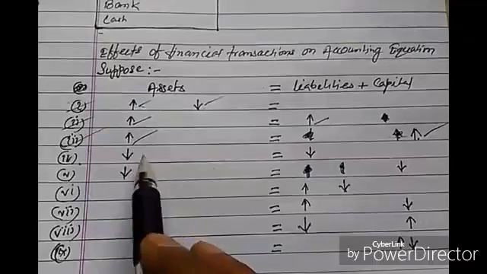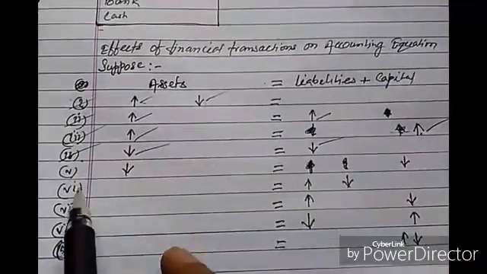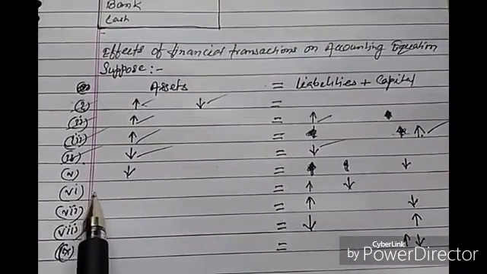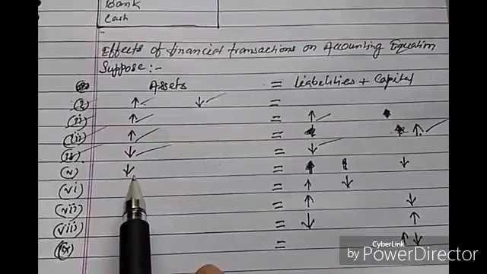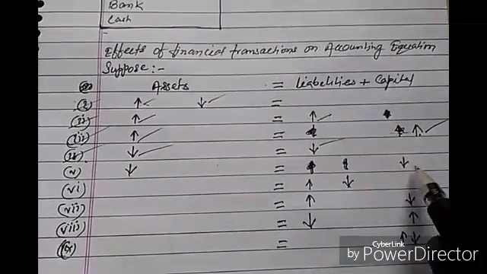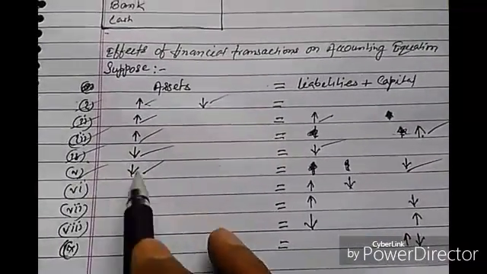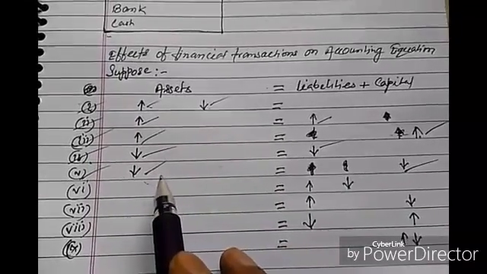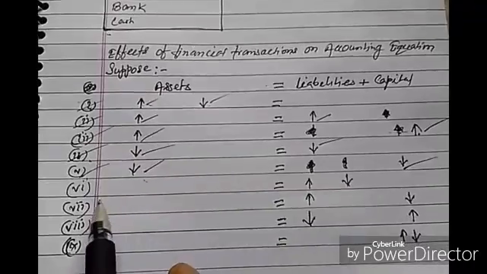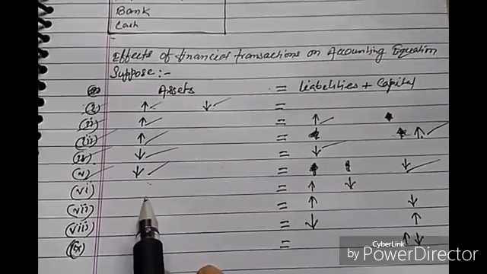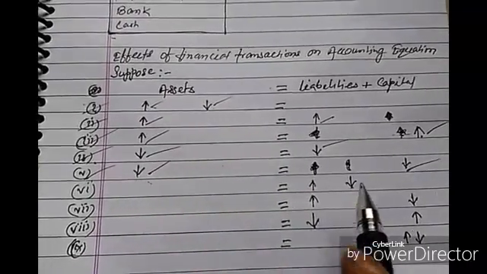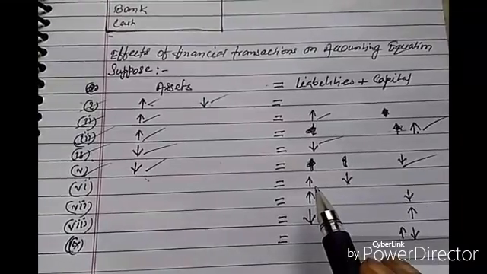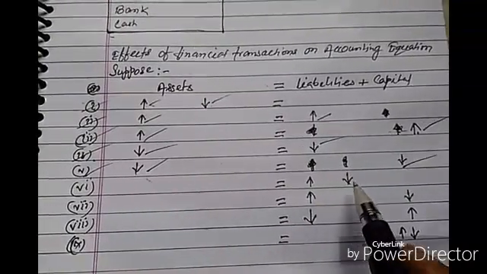So here, repayment of loan. Now fifth one, decrease in assets, decrease in capital. For example, loss on sales. Sixth one, increase in liability, decrease in liability.